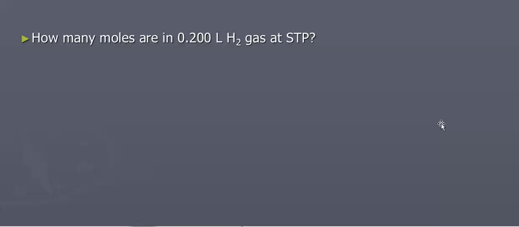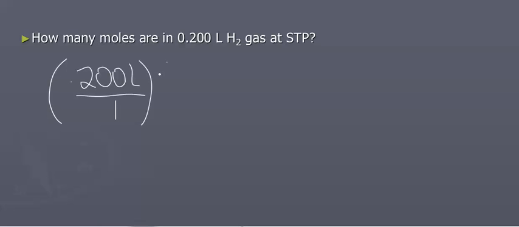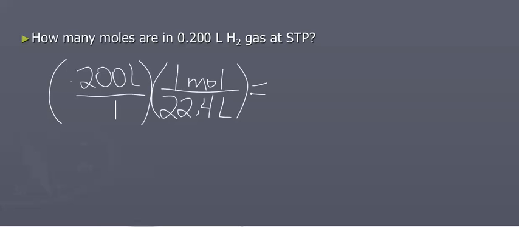If I want to go from liters to moles, same conversion. I'm going to take 0.2 liters. It's a gas measured at standard temperature and pressure. So that means there are 22.4 liters in a mole of this gas.